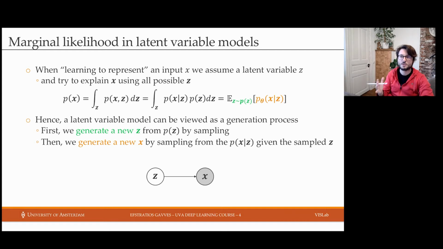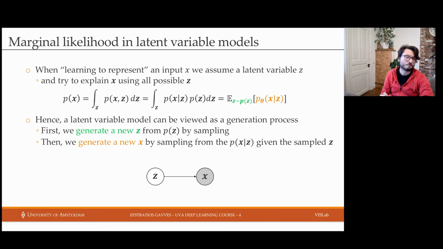And in a way, you could also say that if we had these latent features Z, we could reconstruct or generate back our image X. So with latent variables, we can explain our observations.